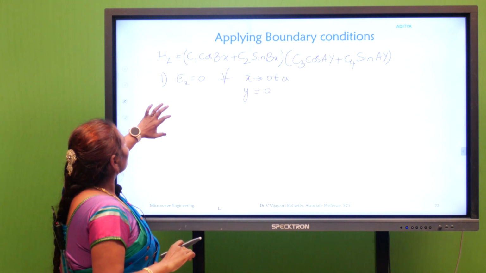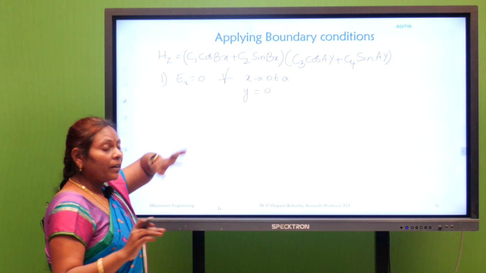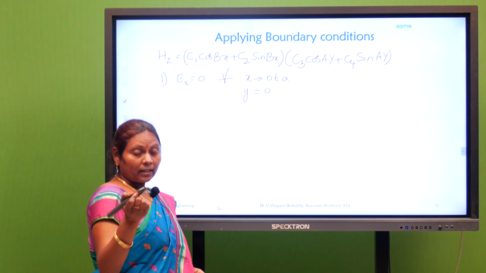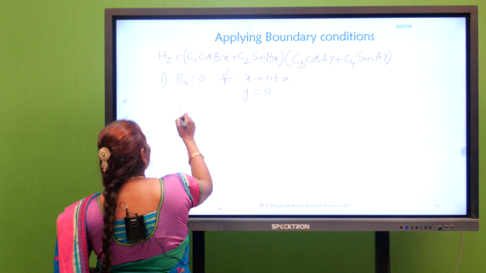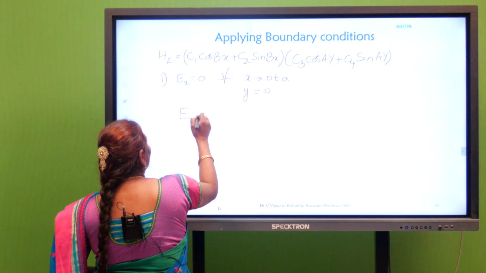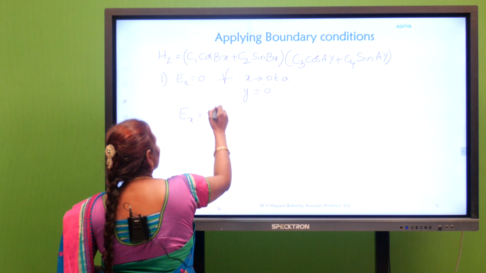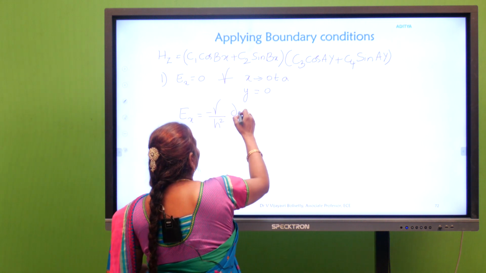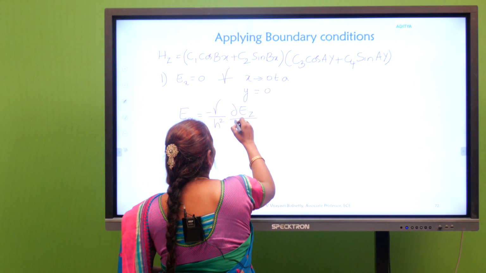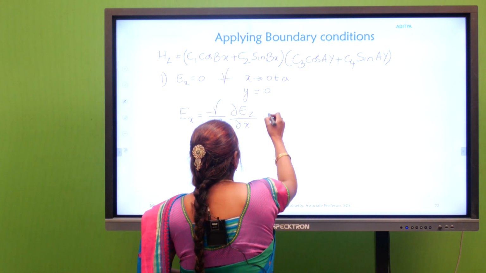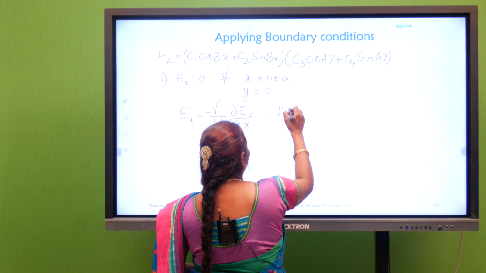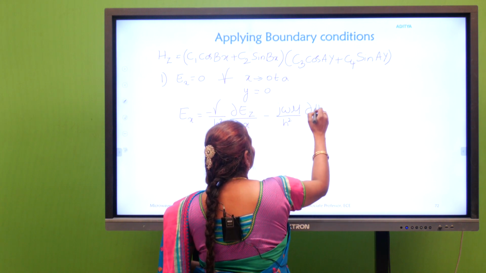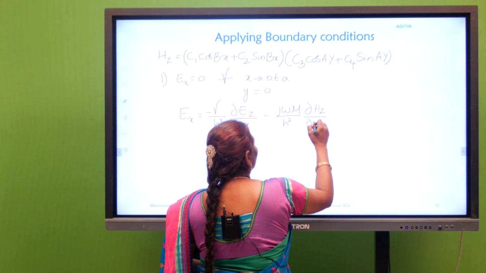Now we need to find what is Ex. Already we have derived the field expressions while discussing the TE wave equation. So we write Ex as minus gamma by h square dou Ez by dou x minus j omega mu by h square dou Hz by dou y.